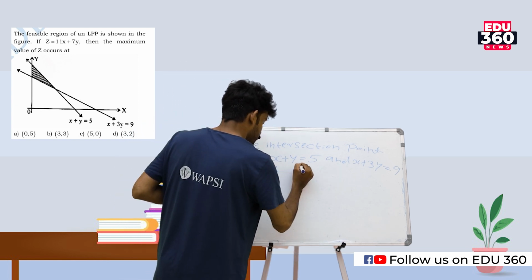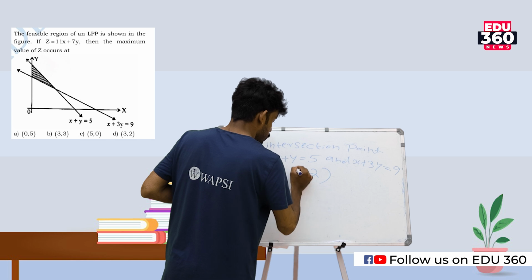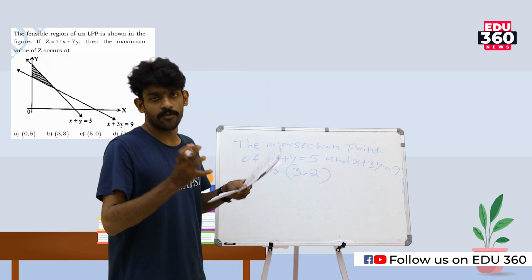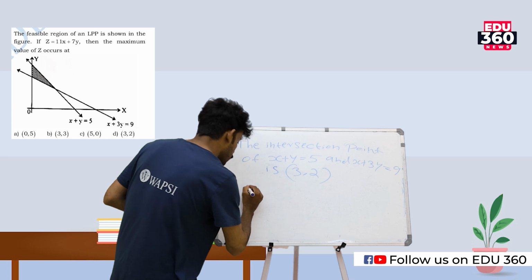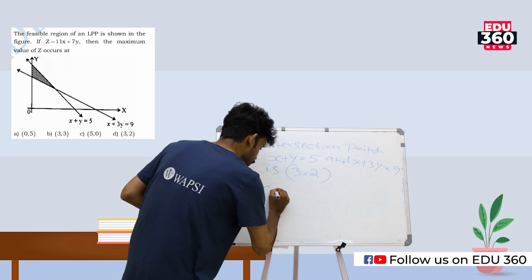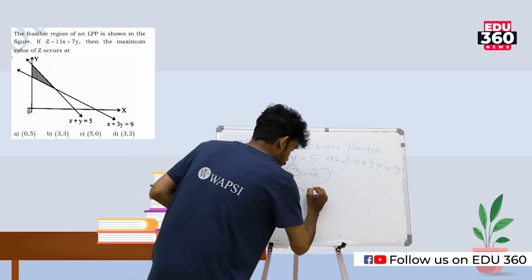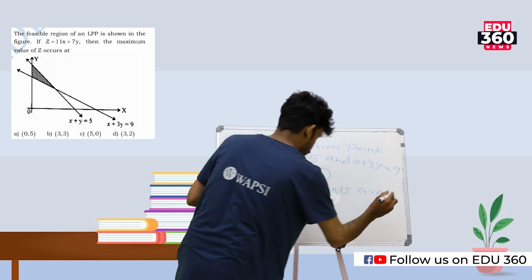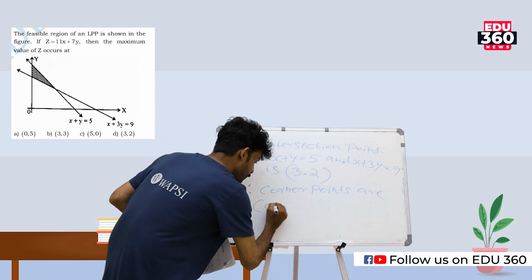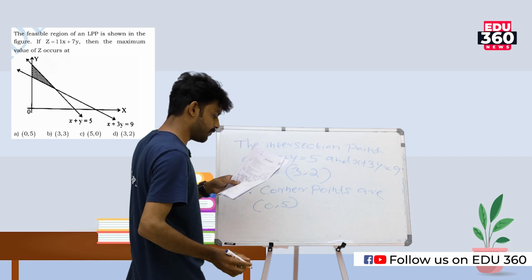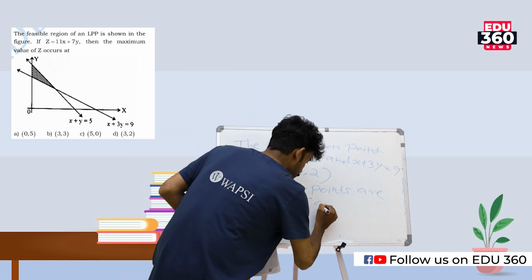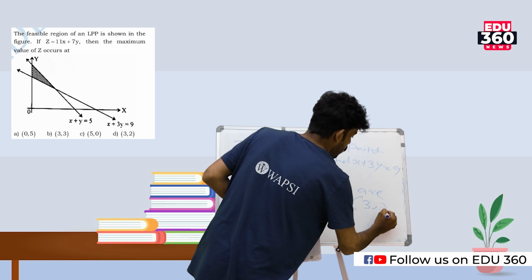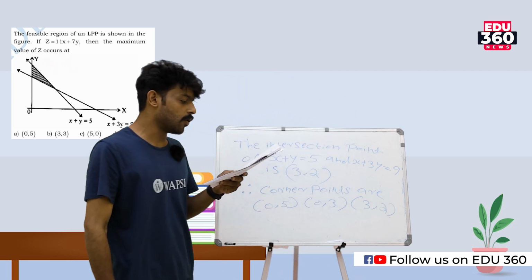Therefore, the corner points are 0, 5, 0, 3 and 3, 2.